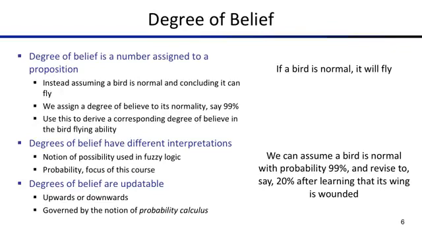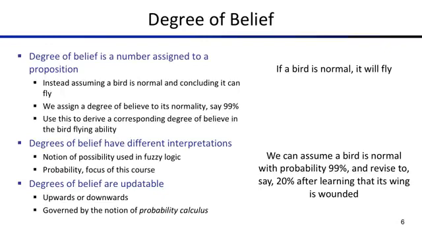And we can base these probabilities, for instance, on frequencies. Oh, I have observed most birds are flying birds, most birds are normal, so I'm going to say that the prior probability for a flying bird is 0.99. So this is going to be a number, and with these numbers, we're going to use what we call probability calculus to derive some conclusions.